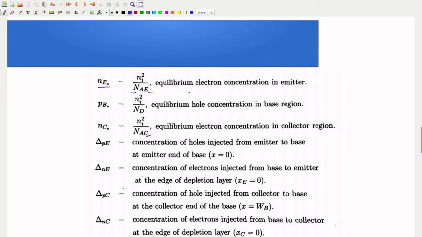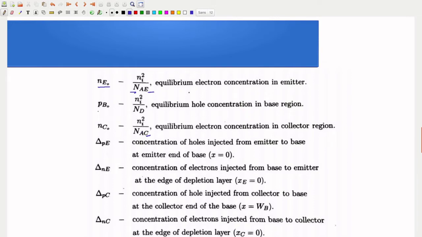Though both are p-type, the emitter is heavily doped when compared to the collector, which is moderately doped. That's why we are using NAE for the emitter and NAC for the collector.